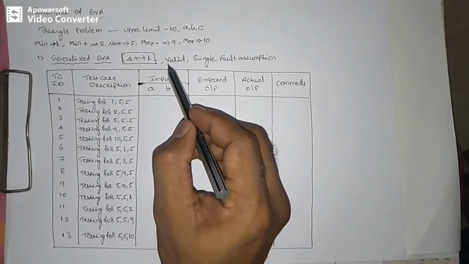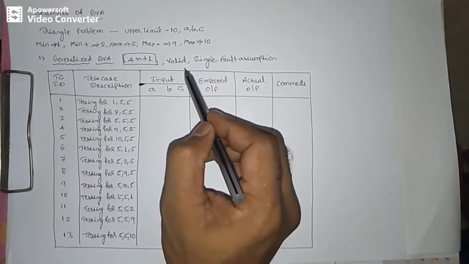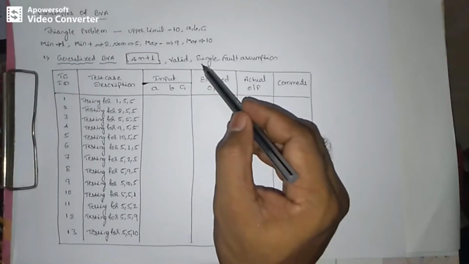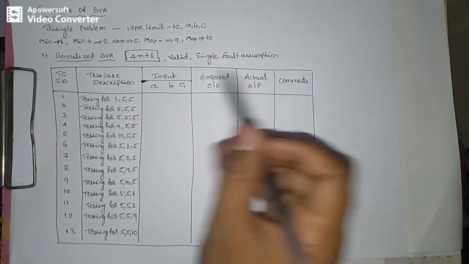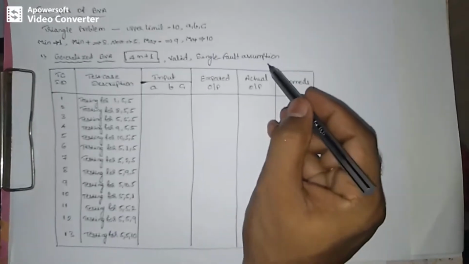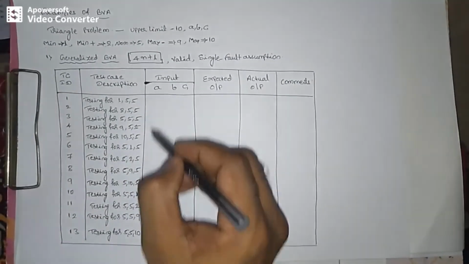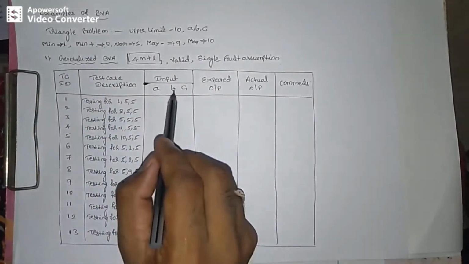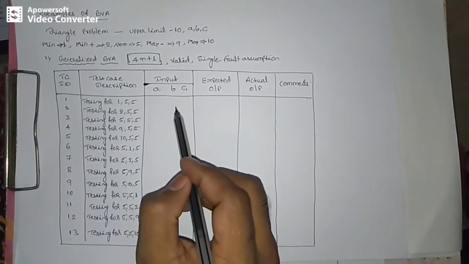Here all the test cases are valid input variables only. The test cases we need to specify are based on the single fault assumption technique. The single fault assumption technique is nothing but one input variable we keep changing with respect to the boundary value variables, and the other two inputs should be nominal.